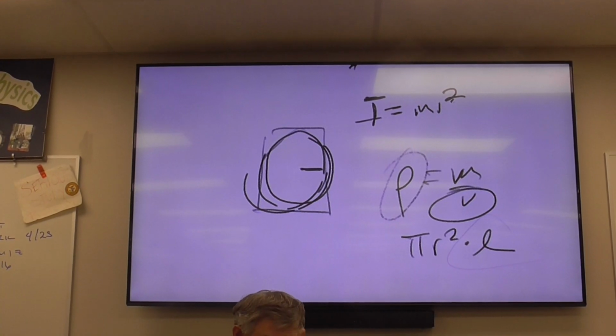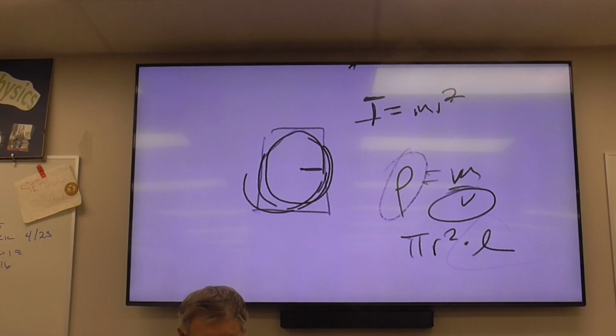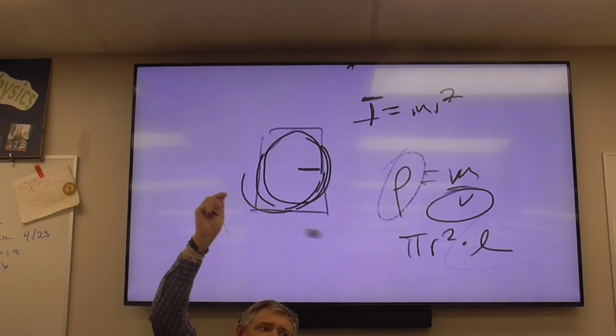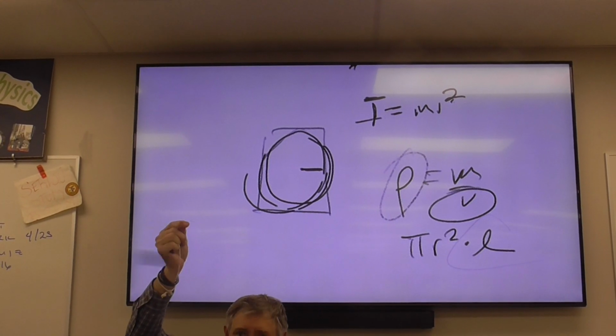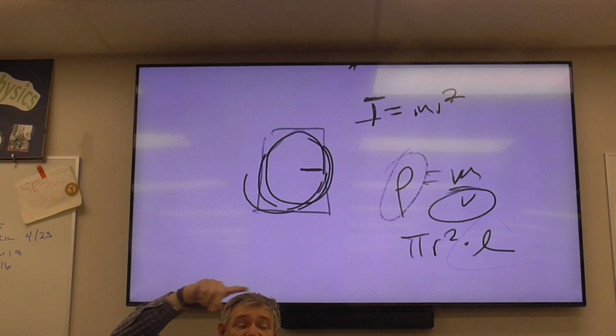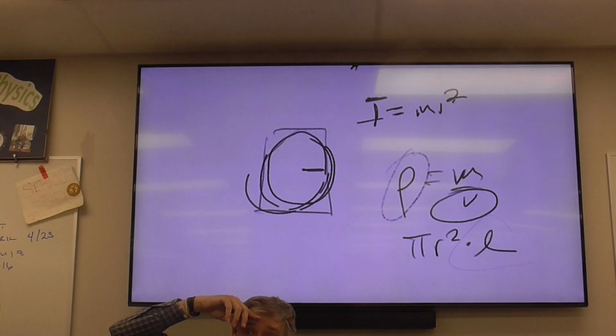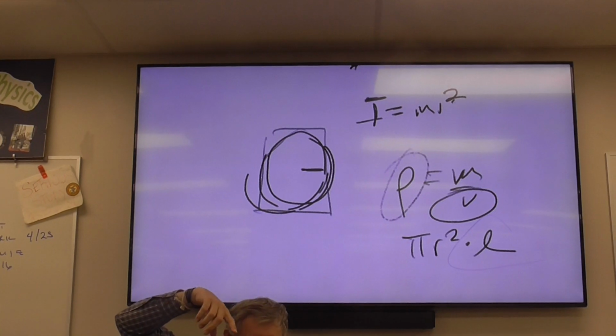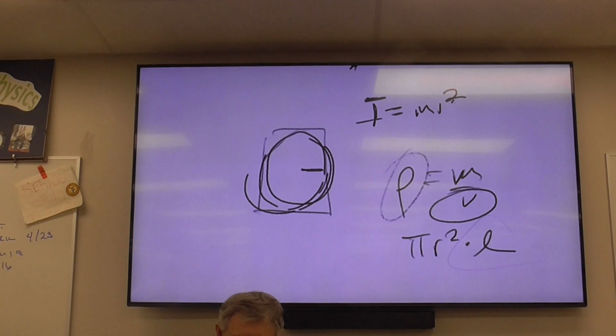Thin hoop and point mass. For example, if I take this rubber stopper and swing it around over my head, that would be a situation where the moment of inertia is mr squared. The moon, you all did that calculation. You found the moment of inertia of the moon as it goes around the earth.